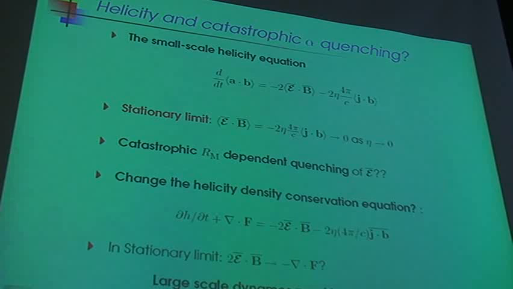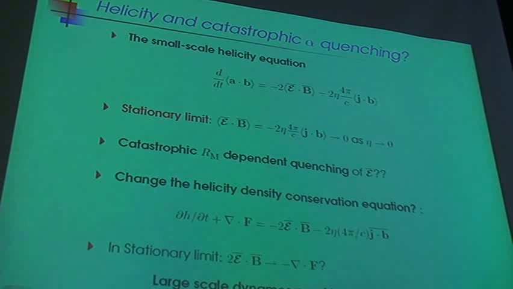But this can be derived as one of the terms here: when you have mean velocity fields out of the system, then it will carry with it the field and it will carry with it the helicity also. That's the simplest of the fluxes. It will be just what I will call the advective flux.